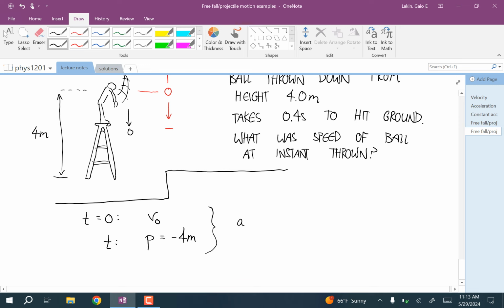And we know that over this whole interval, the acceleration is negative 9.8 meters per second squared. The other bit of information we know is what the stopwatch says. In the last example problem, we weren't given that information, but here the stopwatch, when it reaches ground level, says 0.4 seconds.